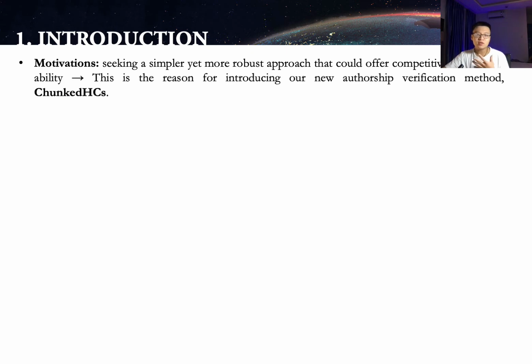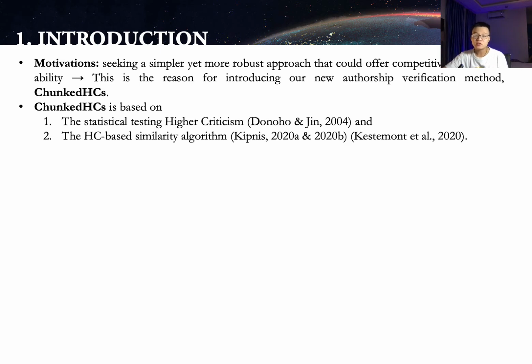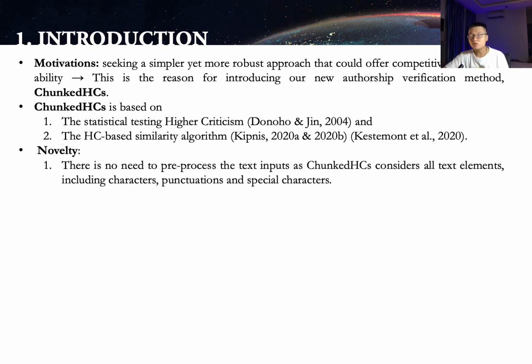This is the motivation for us to introduce our new algorithm, ChunkedHC, which is based on the higher criticism statistical test and the XC-based similarity algorithm. The novelty of this study is that there's no need to pre-process the text input, as ChunkedHC considers all text elements, including characters, punctuation, and special characters.